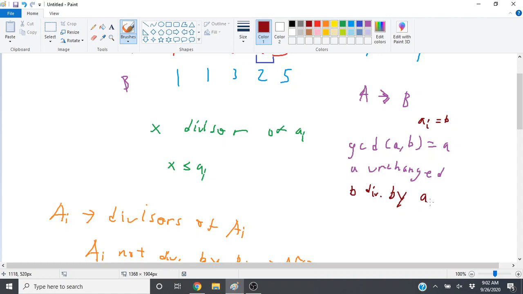So A is the biggest number. But basically, the only time we need GCD of A and B to be equal to A is if B is divisible by A.